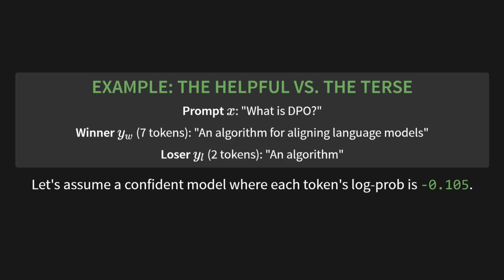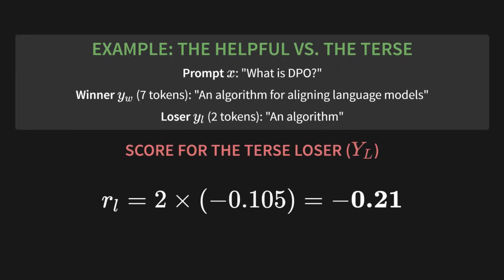Now, let's assume we have a confident model where each token's log prob is a nice high negative 0.105. We'll start with the loser. The score for the terse loser, y_l, it's just 2 tokens. So that's 2 times negative 0.105, which equals negative 0.21. Okay, pretty simple.